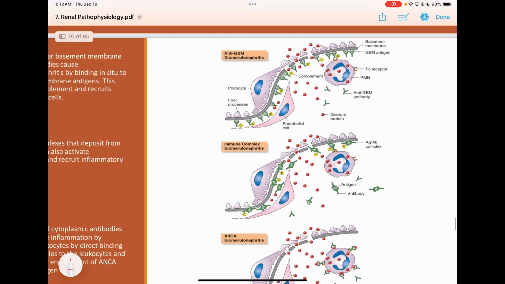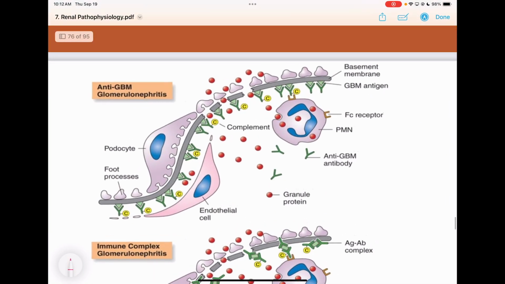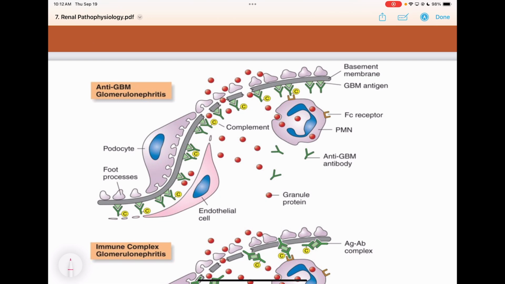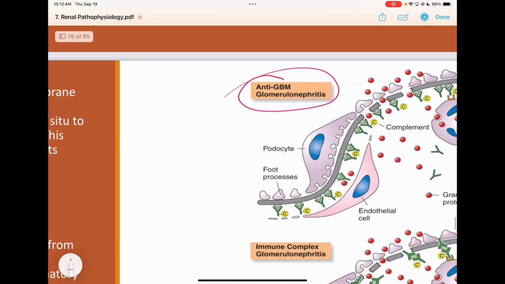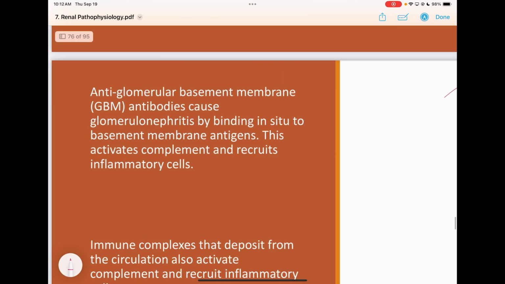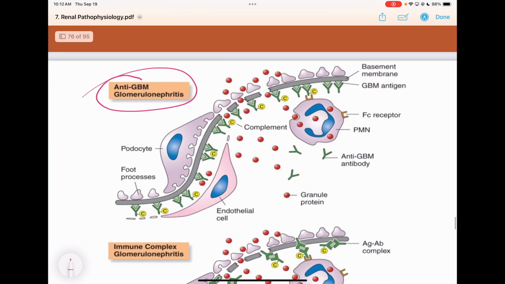So this is a really good picture. They look at different things with and where they're having their problems. So this first part is looking at anti-GBM glomerulonephritis. Okay, anti-GBM causes binding in situ to the basement membrane antigens. So what's going on? Where these immune complexes are being deposited.